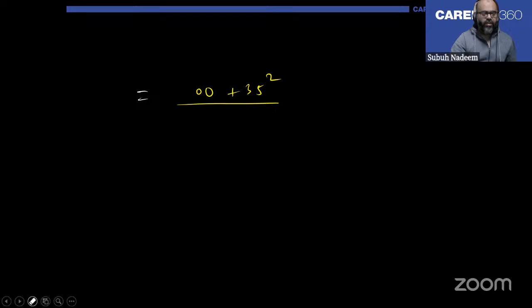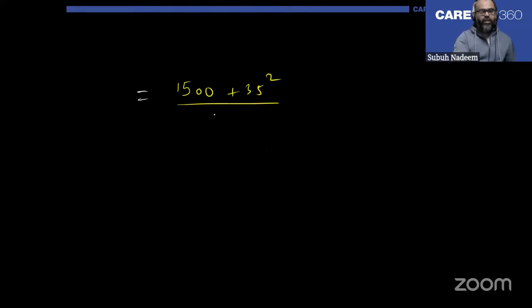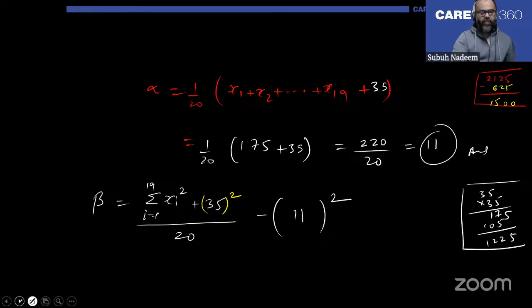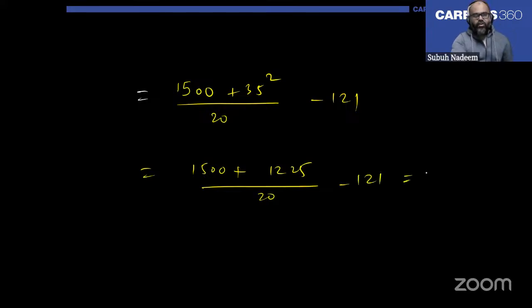So sigma xi square is 1500 here. It is 1500 plus 35 square by 20 minus 121. So this will be 1500, and 35 square we calculated here, 1225, by 20 minus 121. 2725 by 20 minus 121.